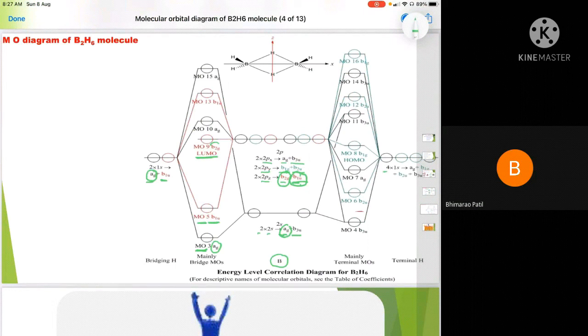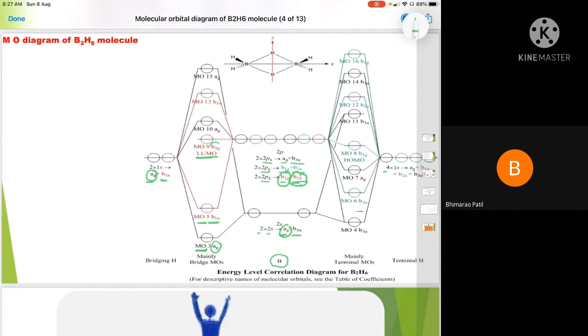Then let us see how the terminal covalent bond is formed between the boron and the hydrogen. Here, the hybrid orbitals from the four terminal hydrogen atoms are Ag, B1g, B2u and B3u.